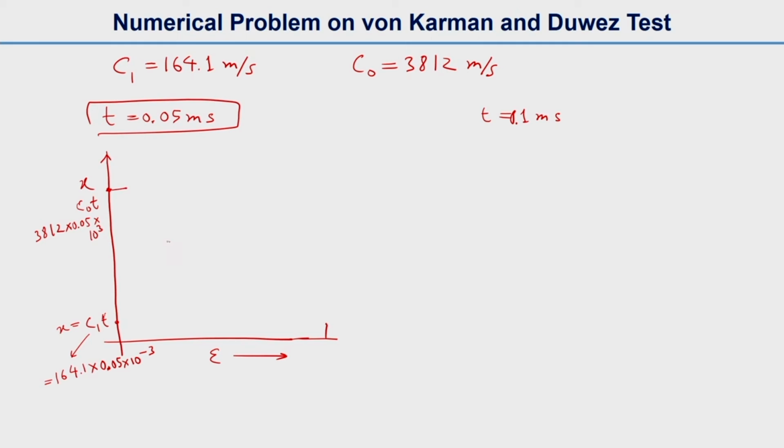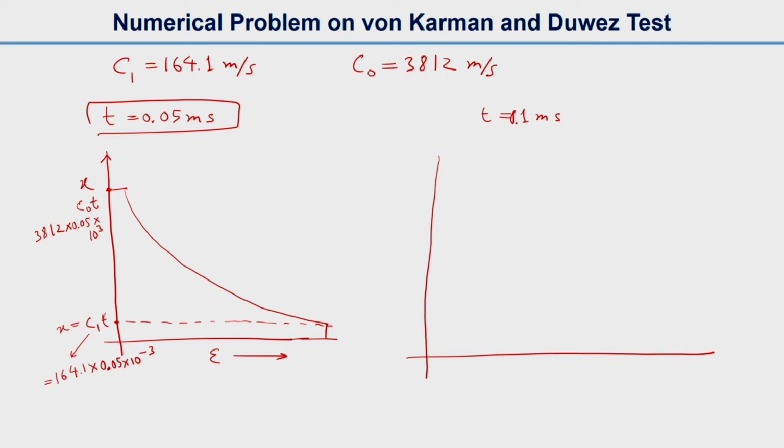It will look something like this, and this value will correspond to this. Similarly for this, what will be different is the distance x, how much it will cover.